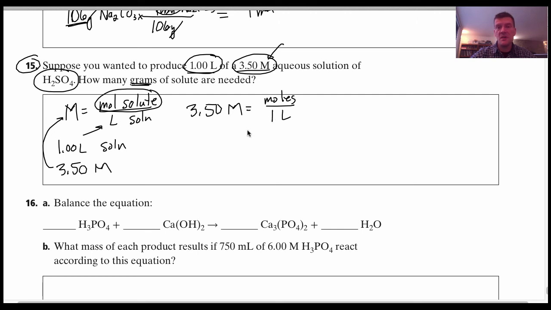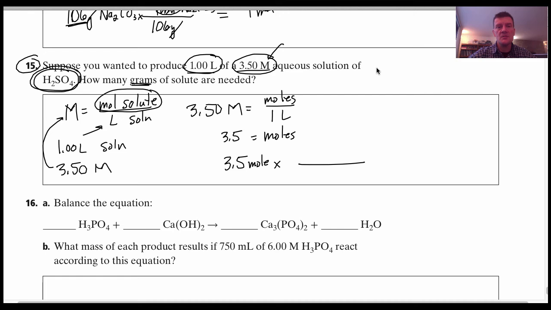If I multiply both sides by 1, then my number of moles has to equal 3.5. Now, 3.5 moles of this particular compound has what mass? This is where I'm going to use the periodic table and multiply by the molar mass of H2SO4.